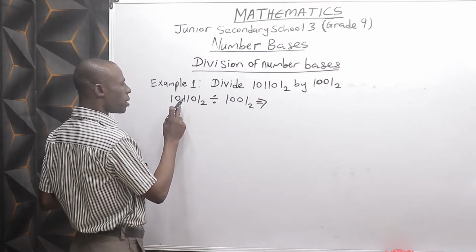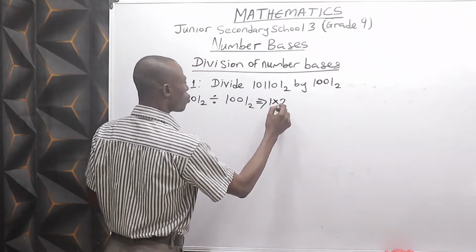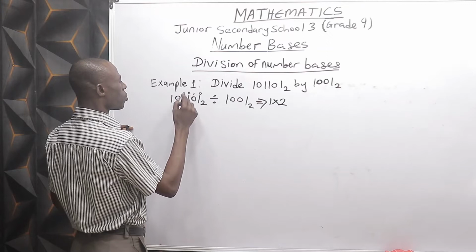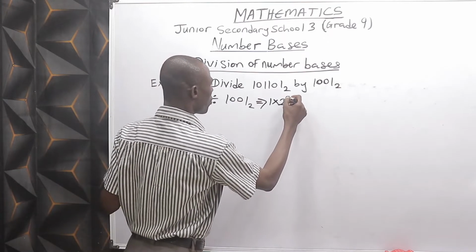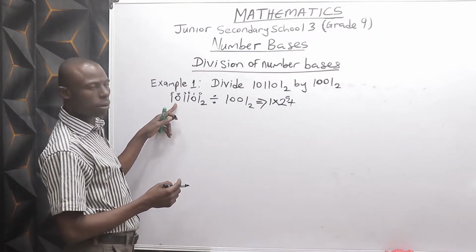In converting this to base 10, what do you have? 1 times the base 2 raised to power 0, 1, 2, 3, 4, 5. Raised to power 5 plus, I skip the 0 digit.